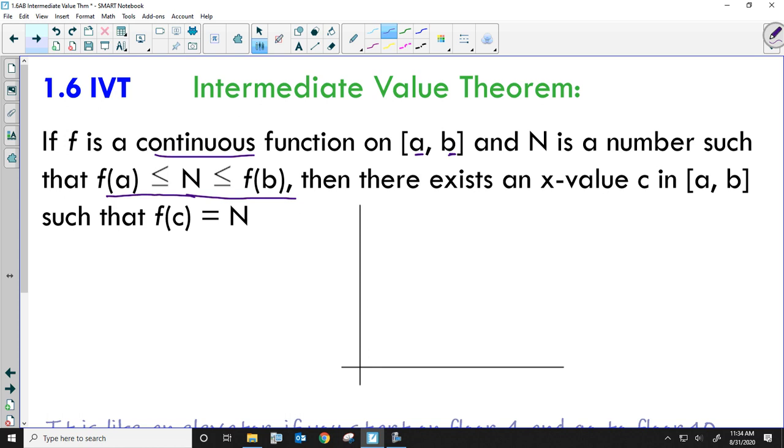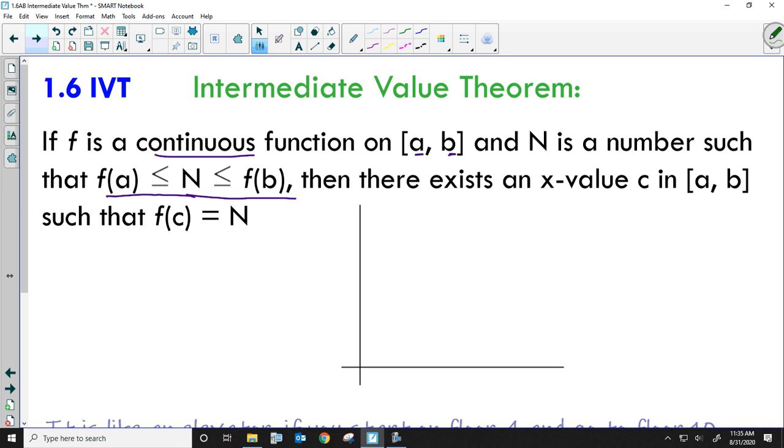So if those 2 things are met, then there exists an x value, we're going to call that x value c, that's in our interval a to b, such that that input c produces this output n.